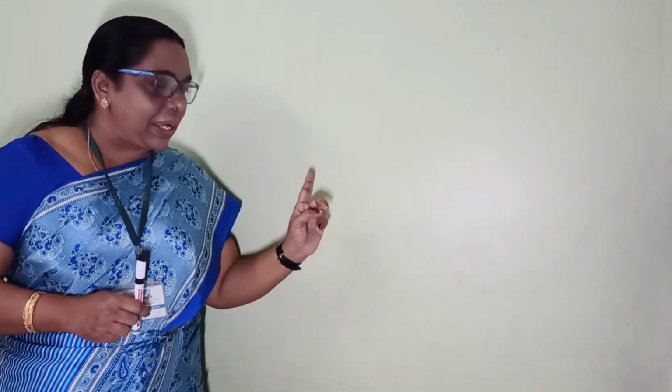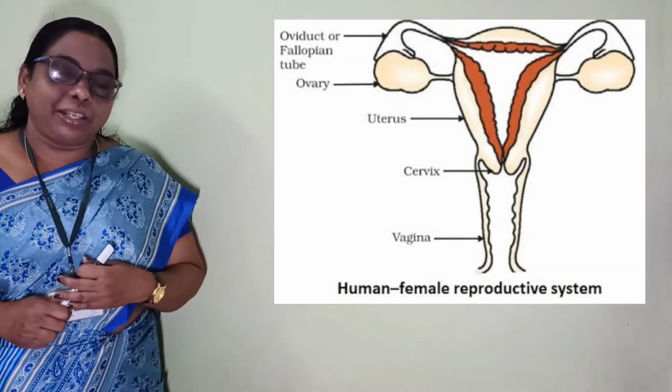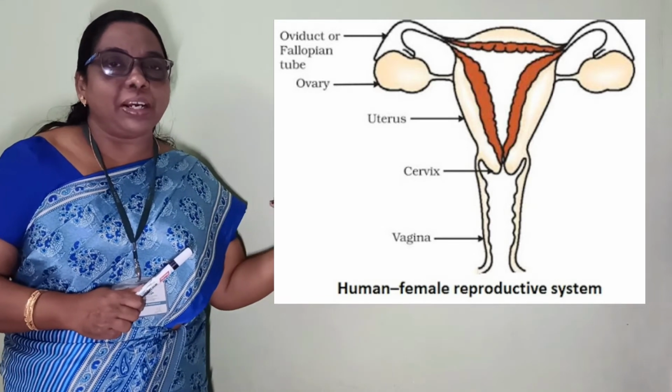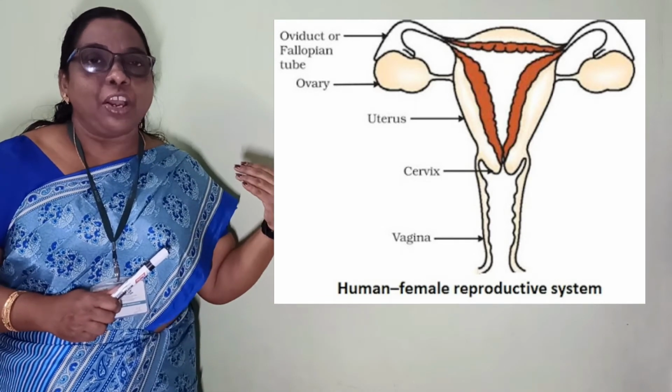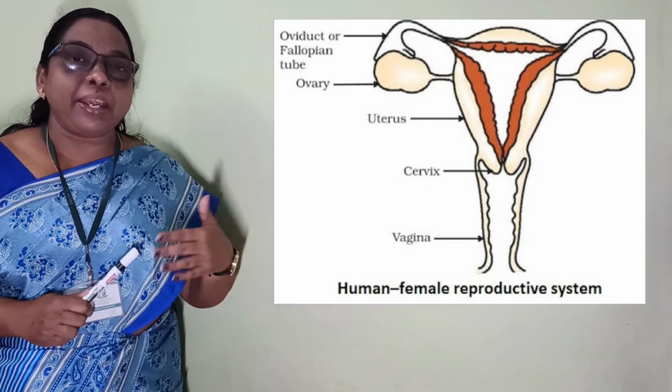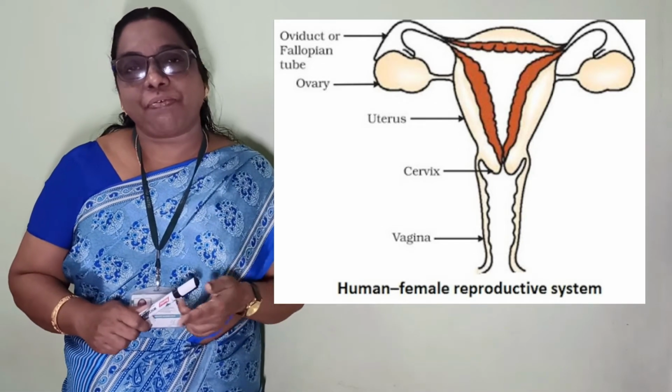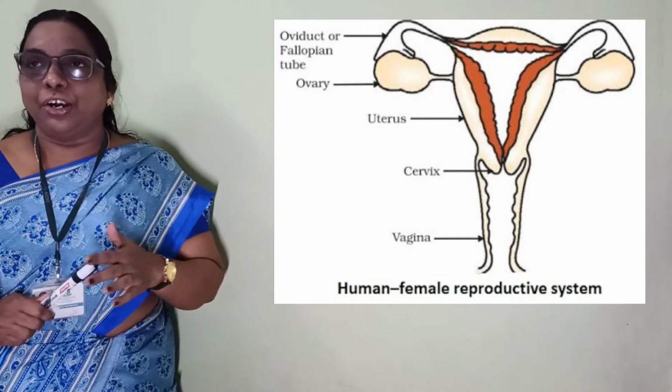For example, in the month of January, if the right ovary releases the ovum, the next month it goes to the left one, and then again to the right one. So in successive months, alternate ovaries release the ovum. The release of the ovum from the ovary is called ovulation.